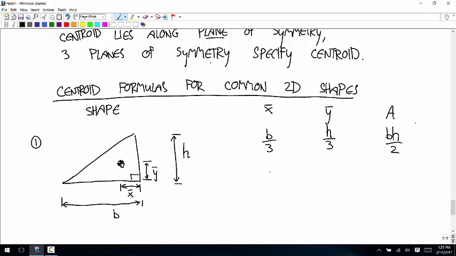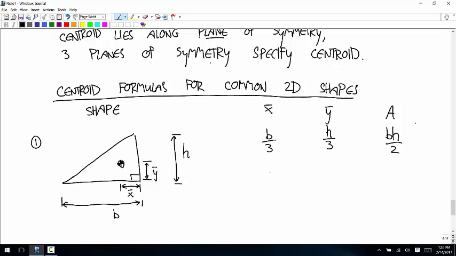I want you to notice something about the coordinates of the centroid. In the definition that I gave before, x bar and y bar are coordinates of the centroid. But notice that here, these are just distances.